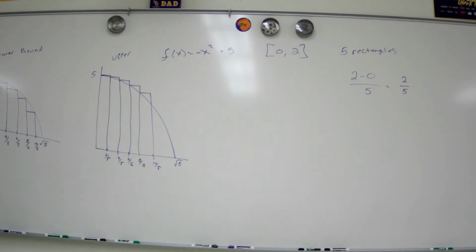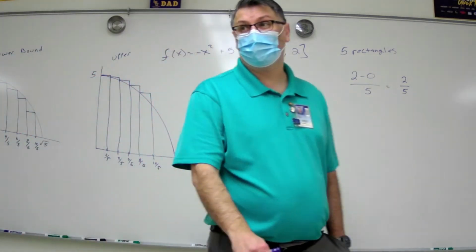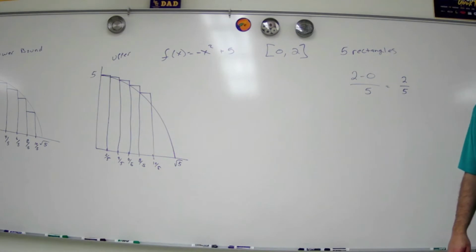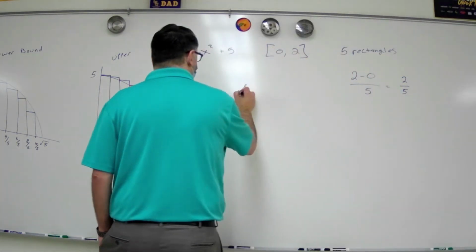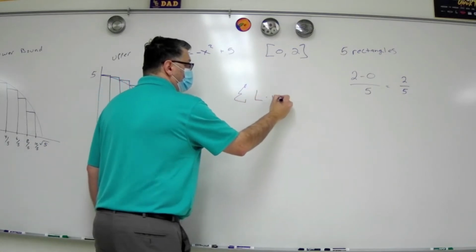Find the area of each rectangle and then what? Add them up. Okay, so what letter do we use for add up? Sigma. What's my formula for area of a rectangle? Length times width. So would you agree we have to sum length times width?